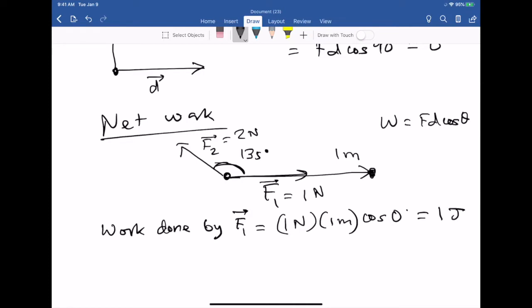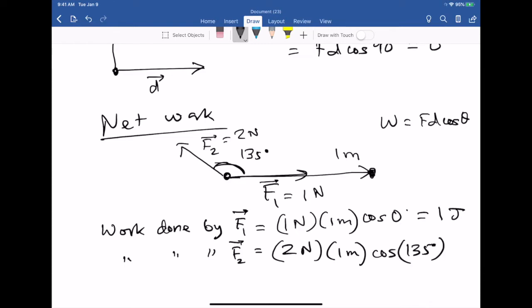You can see that it's coming out to be positive. That's obvious because F1 is getting its way, right? What about F2? The work done by F2 would be 2 newtons multiplied by 1 meter multiplied by cosine of 135 degrees, because that's the angle between the force and the displacement, right? So what is that?